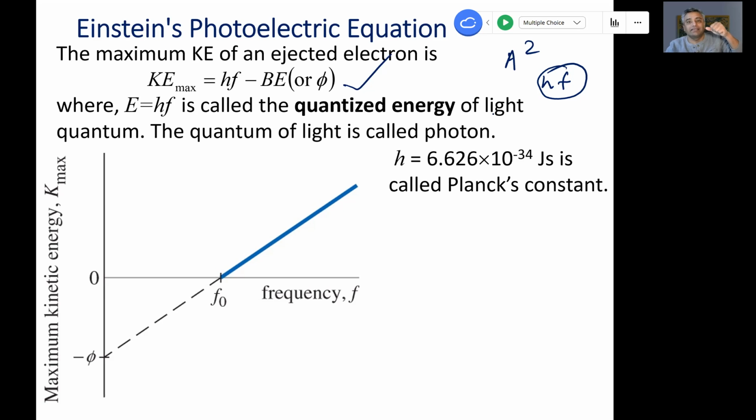So what's happening is, one particle is colliding with one electron. If that particle is energetic enough, then this electron gets pushed out from the metal surface.